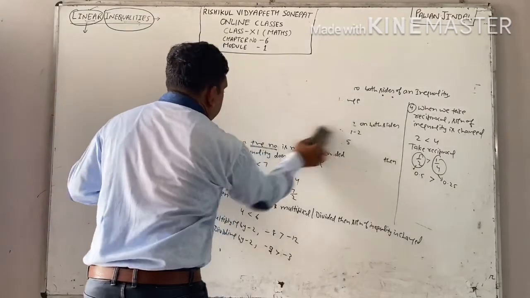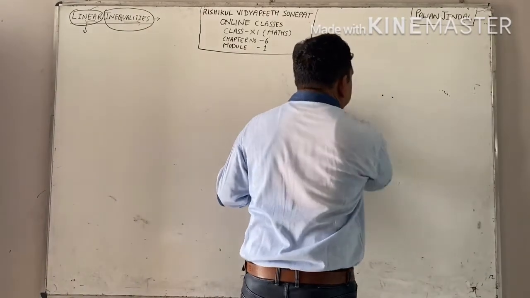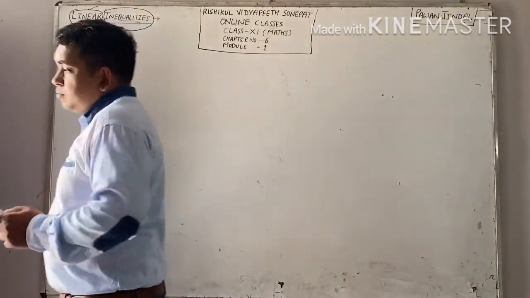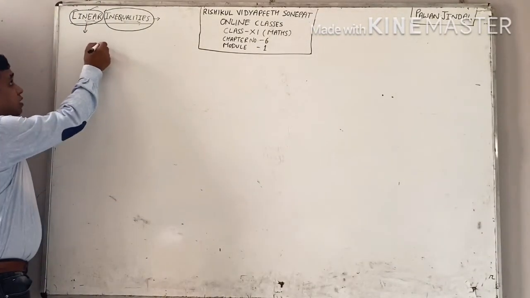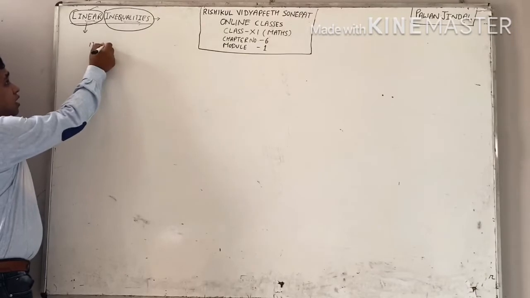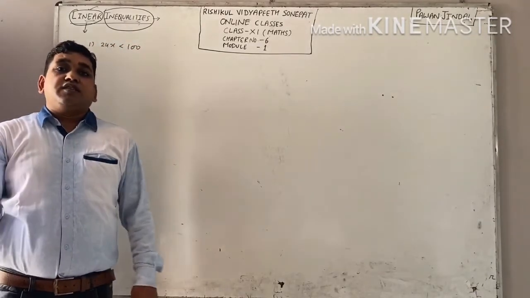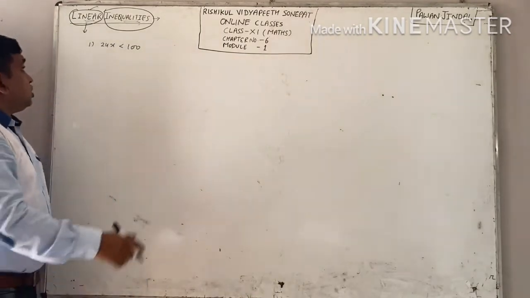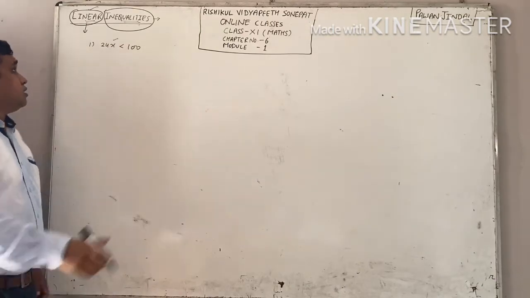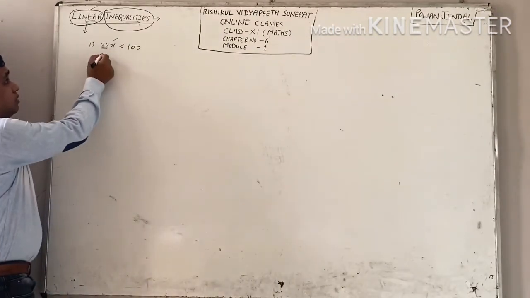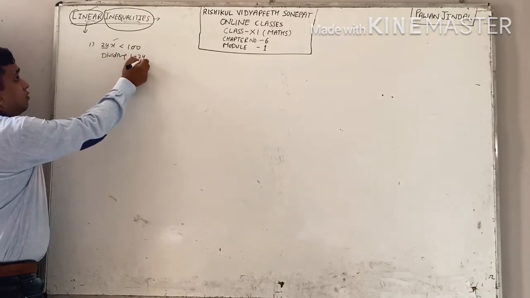See here. 24x less than 100. I want to solve this inequality. Solution means to find out the value of variable. Now see, for this you have to divide by 24. Dividing by 24, see what you will get.